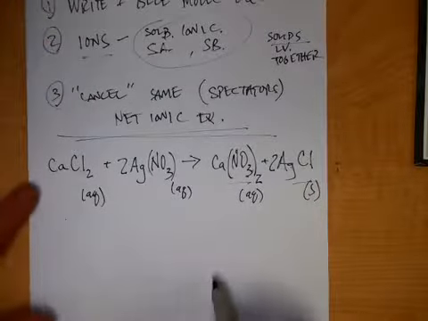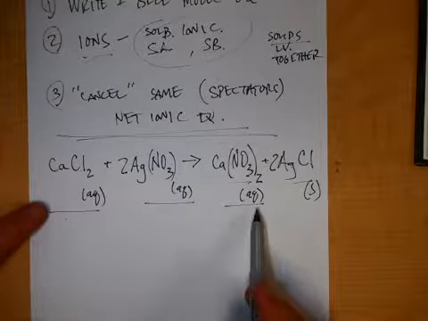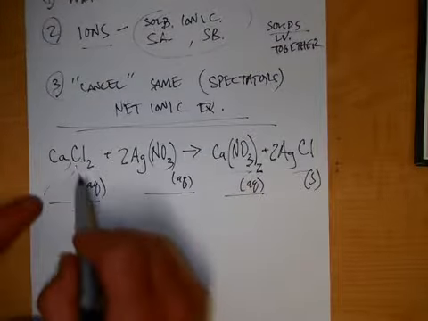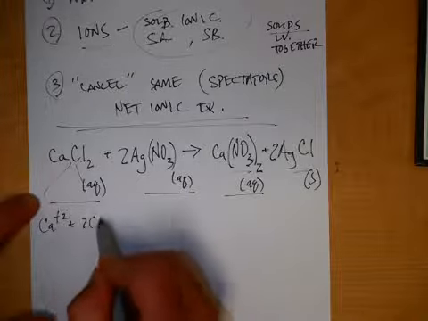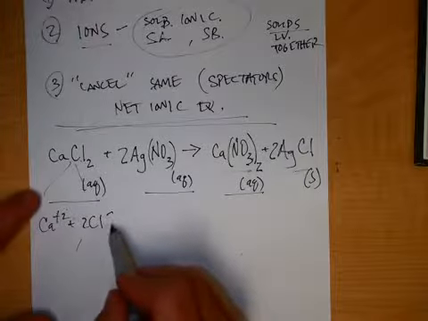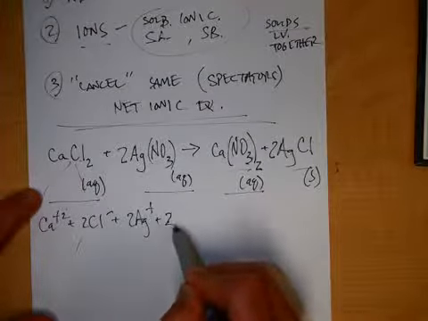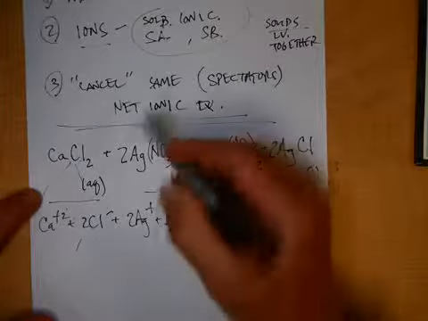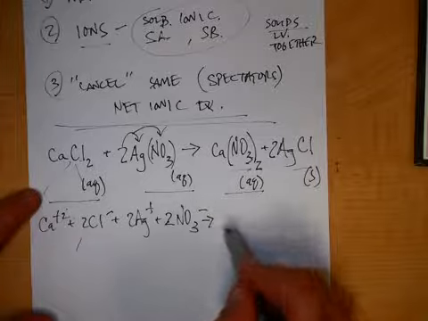Next, write the soluble ionic compounds, aqueous items, as ions. So split the calcium chloride because it's a strong electrolyte. Don't forget to bring the 2 up here to indicate there are 2 of the -1s. 2 silvers, 2 of the nitrates. Notice how the 2 distributed into each one of those species.